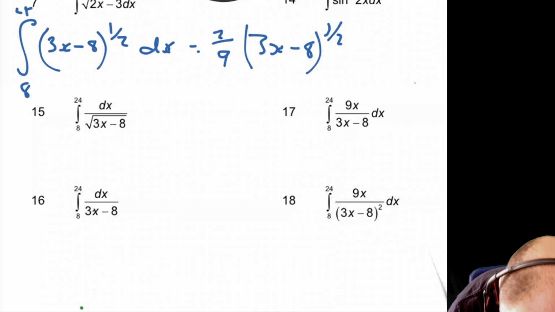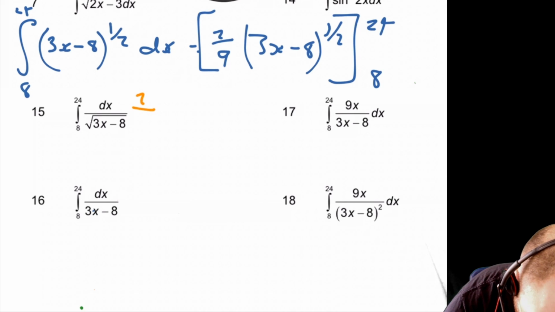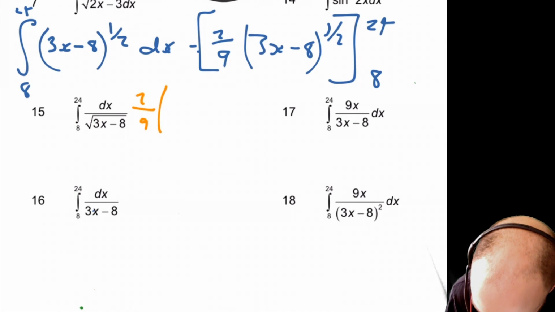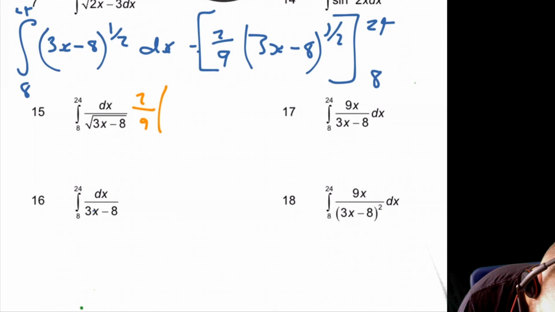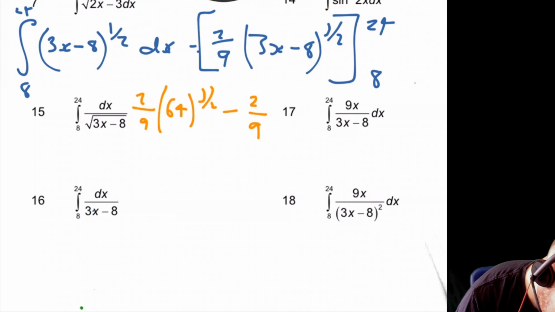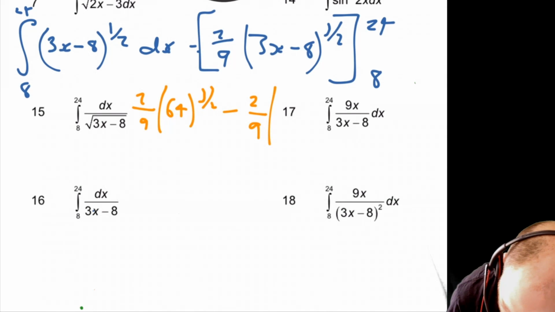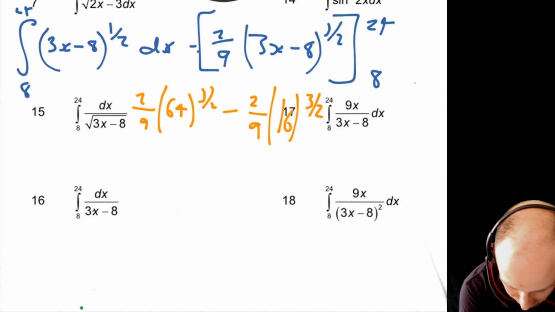So we need to put in our limits, which are 24 and 8. So we get 2/9 of, let's do it on the calculator, 2/9 of the square root of 64 to the 3 over 2 minus 2/9 of 16 to the 3 over 2.